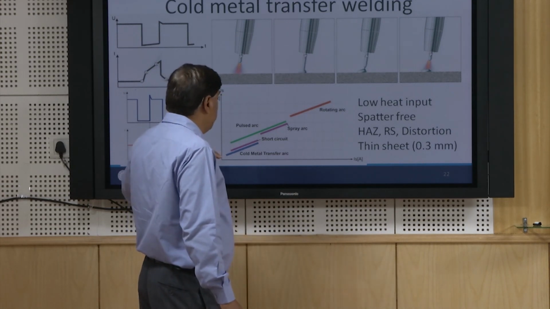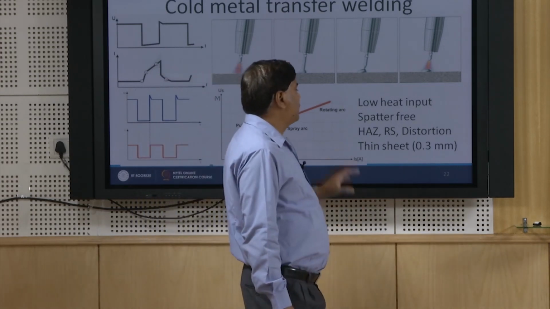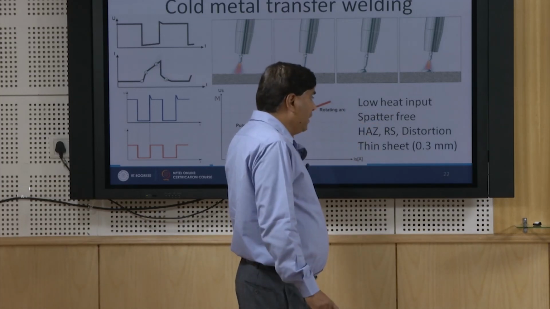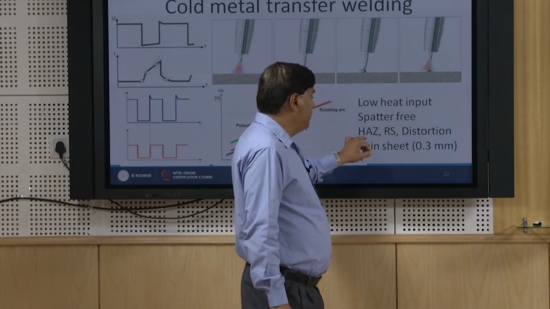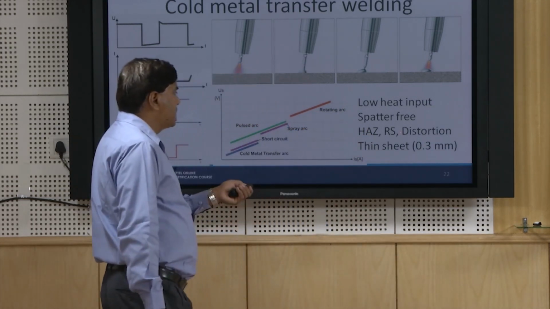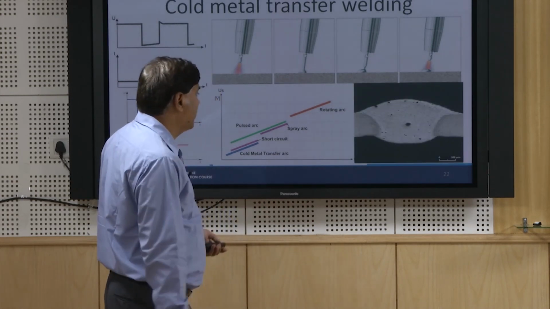It works with very low voltage and very low current. As far as advantages are concerned, this process has very low heat input and is spatter free, and because of these two it offers a very limited heat affected zone, reduced residual stresses and distortion, and it is capable of welding very thin sheets. That is what we can see here.